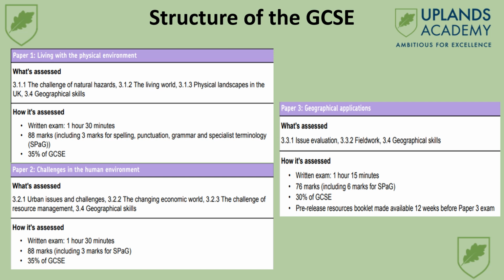However, for this paper, we do have a pre-release resource. So this is given to us 12 weeks before the exam, and that allows us time to go through that in the lessons and really understand some of the problems that are being discussed, because it's a selection of articles, and then the students will take those into the exam with a full understanding of that information before they then have to answer questions around that.